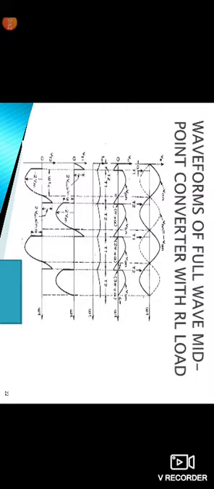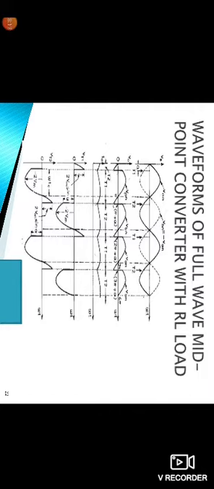Here V0 is not taken from 0, it is taken from the minus side because of the RL load. Energy is stored in the inductor, so it starts from a certain point, from negative to positive, and increases until the triggering pulse is applied.